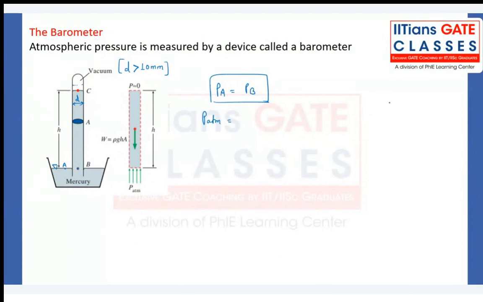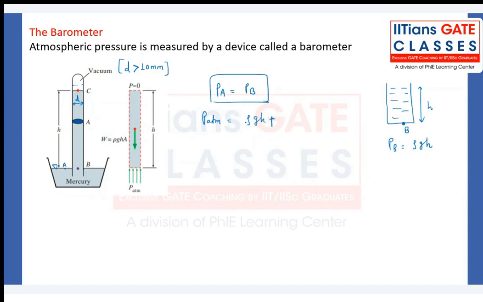And what is the pressure at B? Everyone knows that whenever any liquid is there which has some height h, and at this point if I want to calculate pressure, what is the pressure value? Rho g h. Can we write like that? Tell me this. We can comfortably write that based on the liquid height, the pressure at point B will be rho g h, and the same value I'm writing over here.